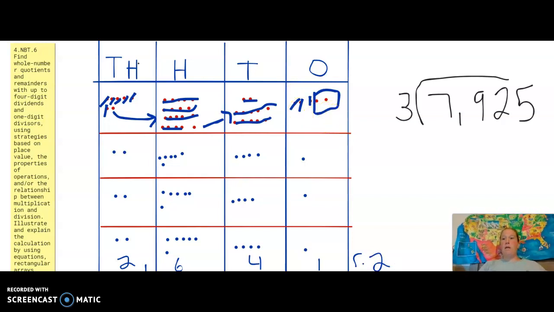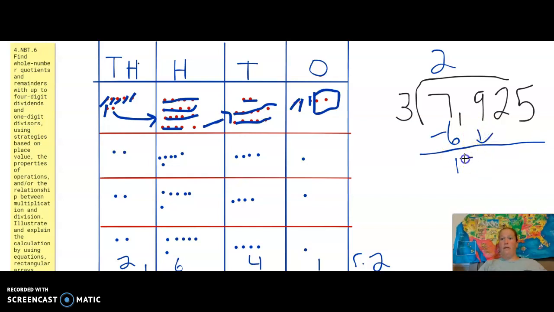Okay, let's check it. I'm going to quickly go through this standard algorithm today, and we're going to just see if we get the same. So I know that 3 goes into 7 2 times. 2 times 3 equals 6. Bring down my 9.